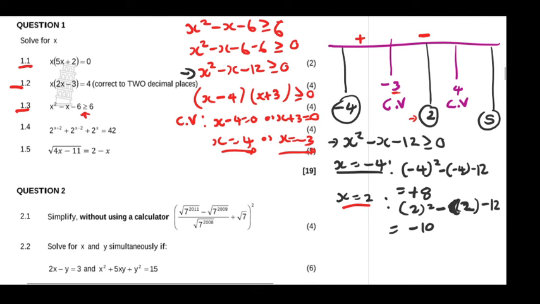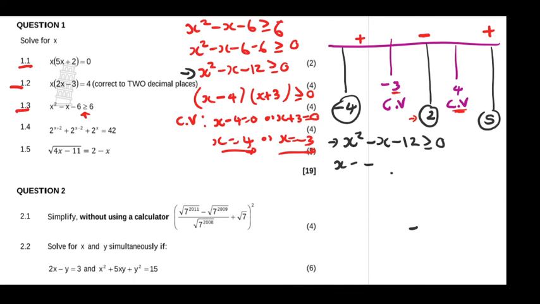And lastly, you're going to test x being equal to 5. Please do this on your own. But the sign that I got at the end was a positive, right? Meaning that any value that is greater than the critical value of 4 will give you a positive sign. So once you've done this, now you are able to conclude your solutions of x, right? Because your question says that we want the solutions of x when the y values are greater than 0.